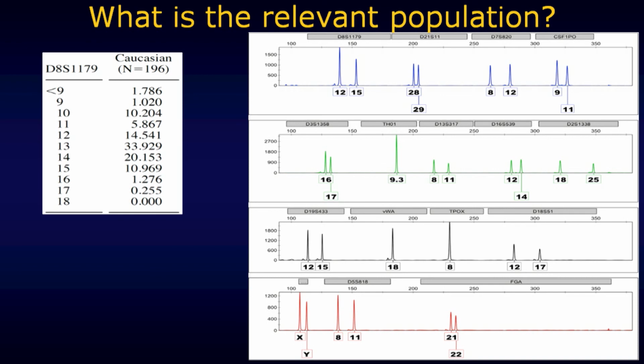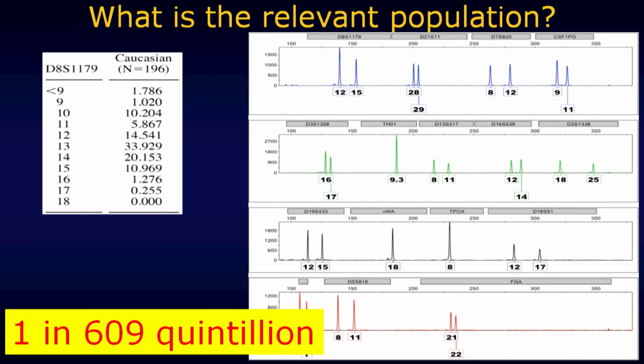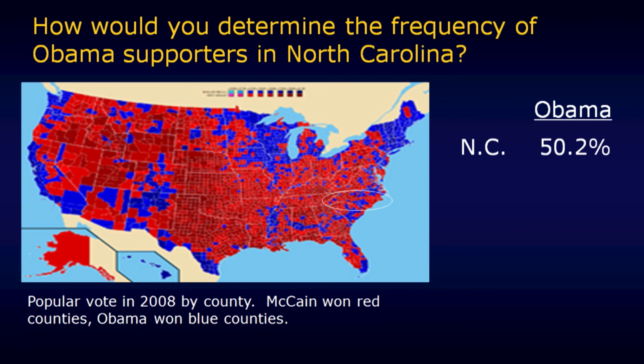So for a little while now, instead of talking about DNA profiles and allele frequencies, let's talk about something else that doesn't necessarily give rise to these staggering numbers, but something that people may well find interesting and maybe help illustrate some other issues and concerns about what populations we need to pay attention to. From this slide, you can tell that I want to change our attention to presidential elections. Bear with me.